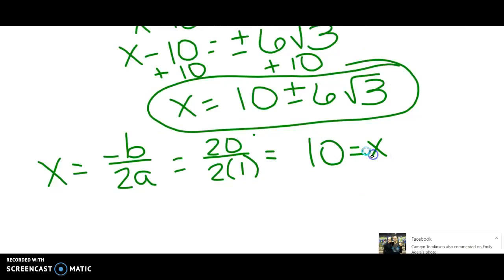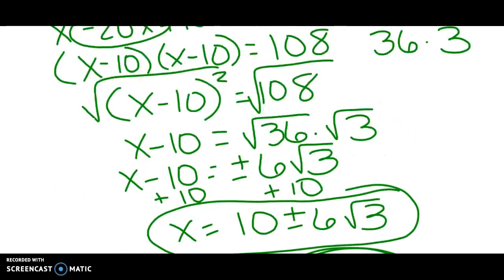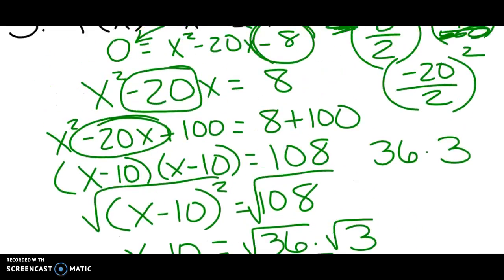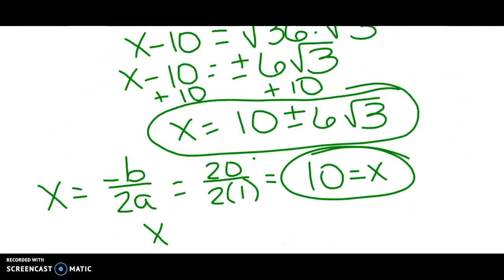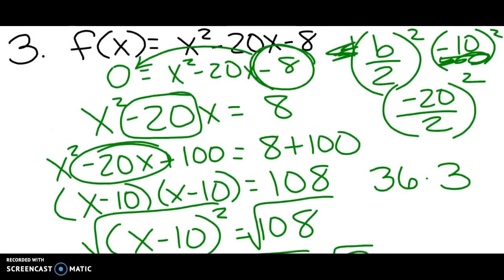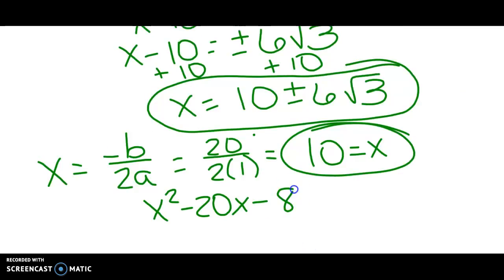Well, that's your x value. All right, now you've got to put your x value back into the function to find what it's going to be. So this started out as x squared minus 20x. Was it plus 8 or minus 8? Minus 8. Okay, I'm going to put that in there, minus 8.